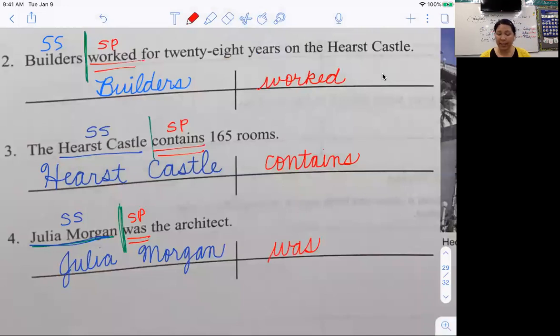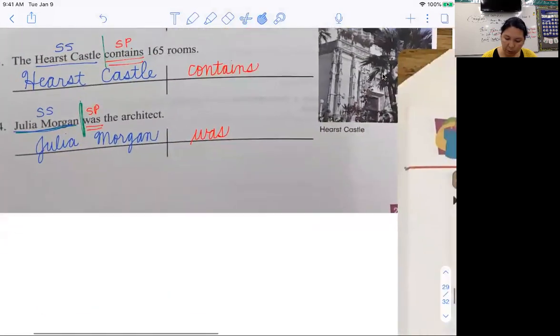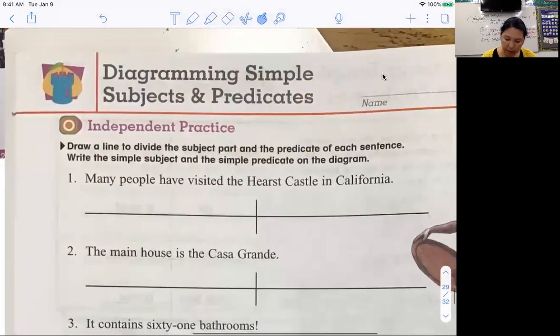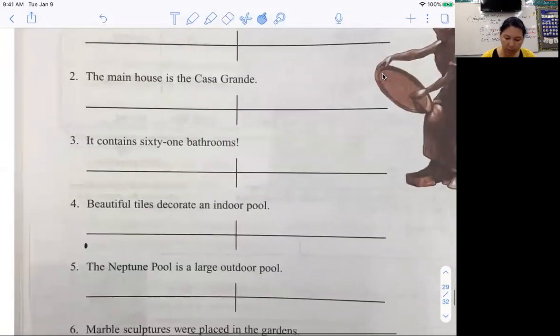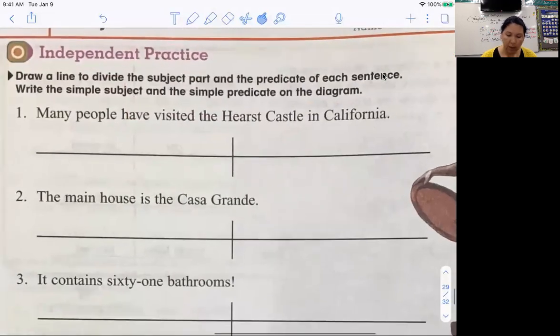Okay, this is a little tricky, isn't it, friends? Okay, on this next part, I'm going to do the first one with you, so that you can remember, and then you're going to try the last ones by yourself, okay? All right, many people have visited the Hearst Castle in California.